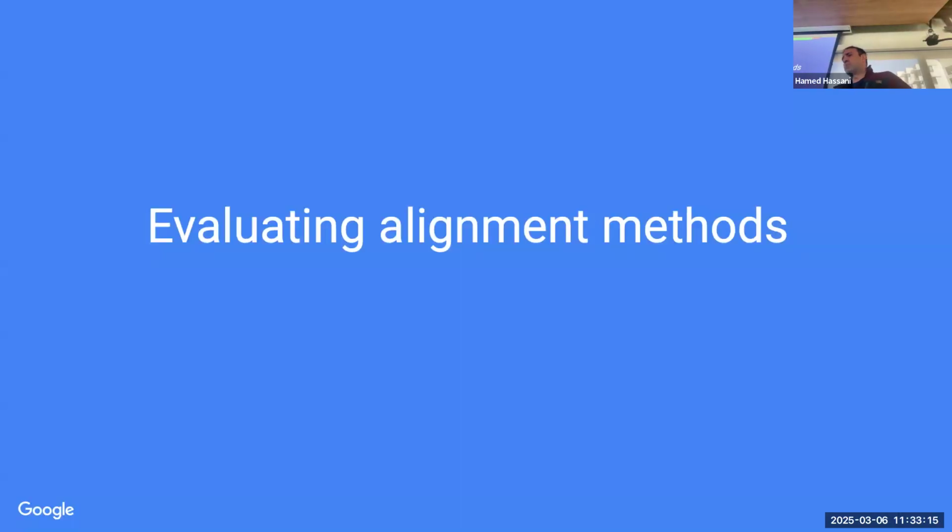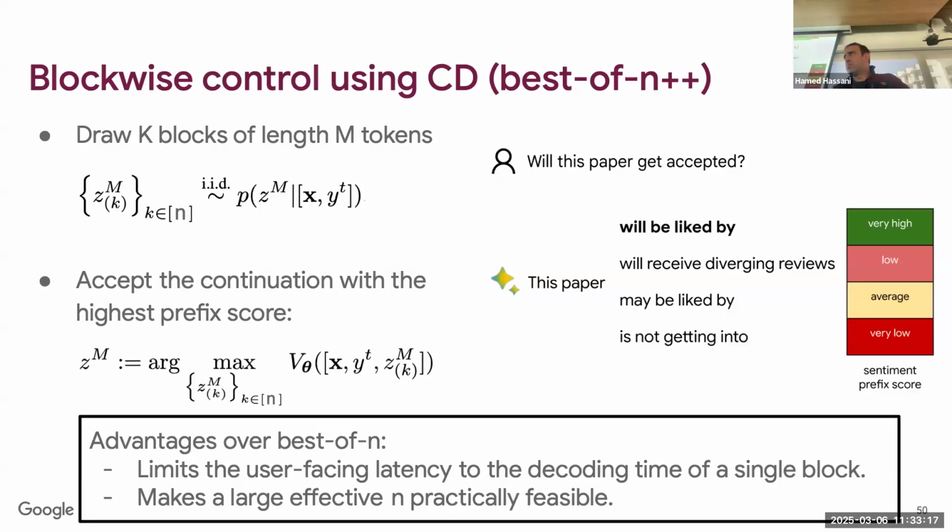Yes. You said you just need n continuations, you don't need n responses. But you can look at n responses as continuations starting from the start of the text. So best of n is basically the same as this method with the block size going to infinity, right?